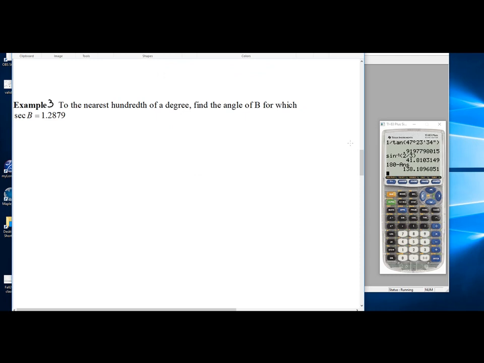To the nearest hundredth of a degree, find the angle B. Now secant B is not given on your calculator, so you want to find the cosine B first. Cosine B, by the reciprocal identity, is 1 over secant B. So secant B is given to you as 1.2879.